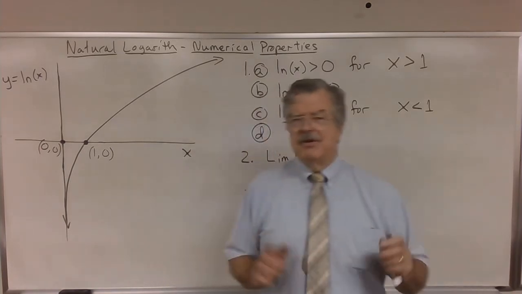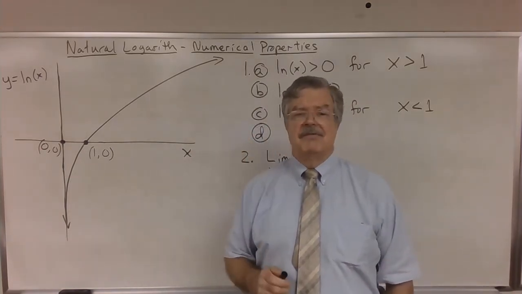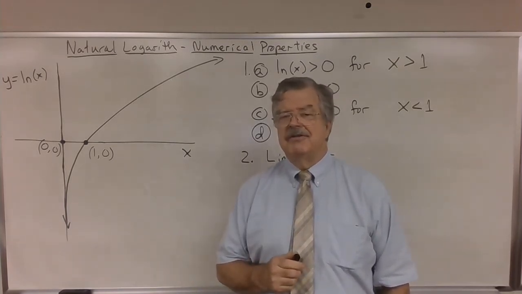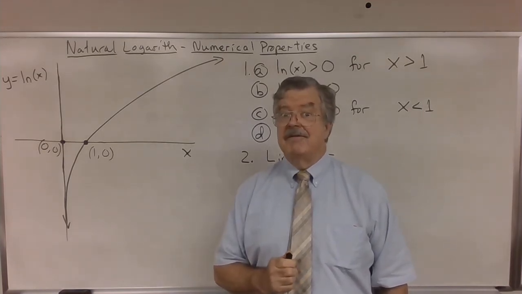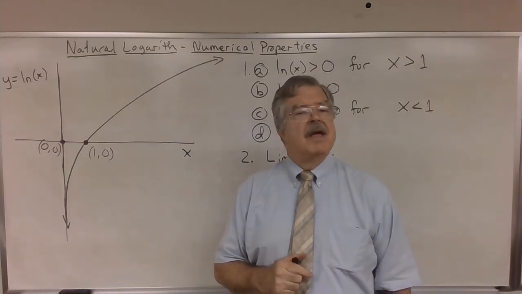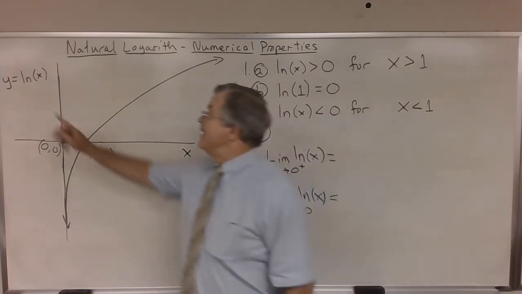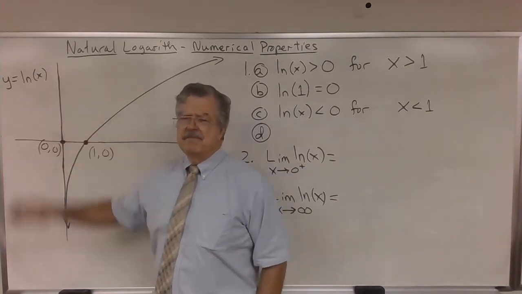That's why when we were doing vertical asymptotes, we said, okay, if we want to find the vertical asymptotes, find the x values that cause division by 0, and there are candidates. Because if we have a vertical asymptote, we're dividing by 0 there. And that's true of every single function except the natural log function. This is the only function where that isn't true.